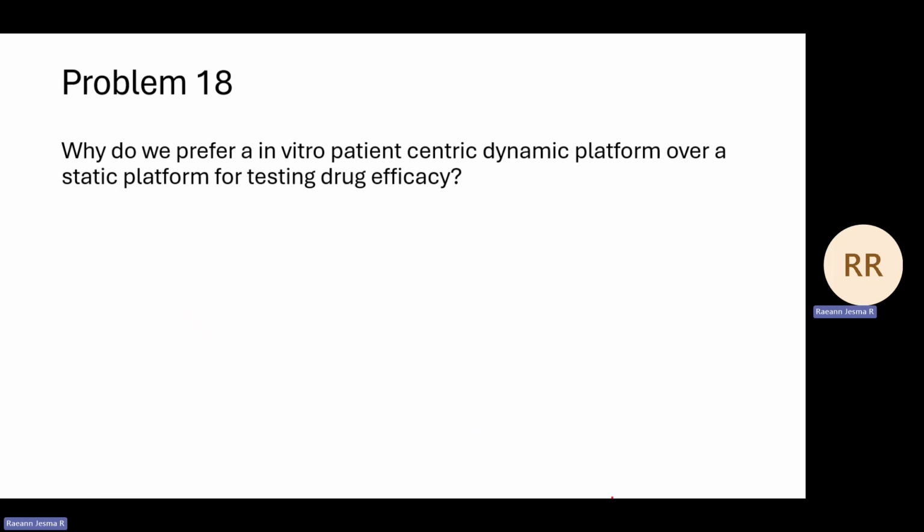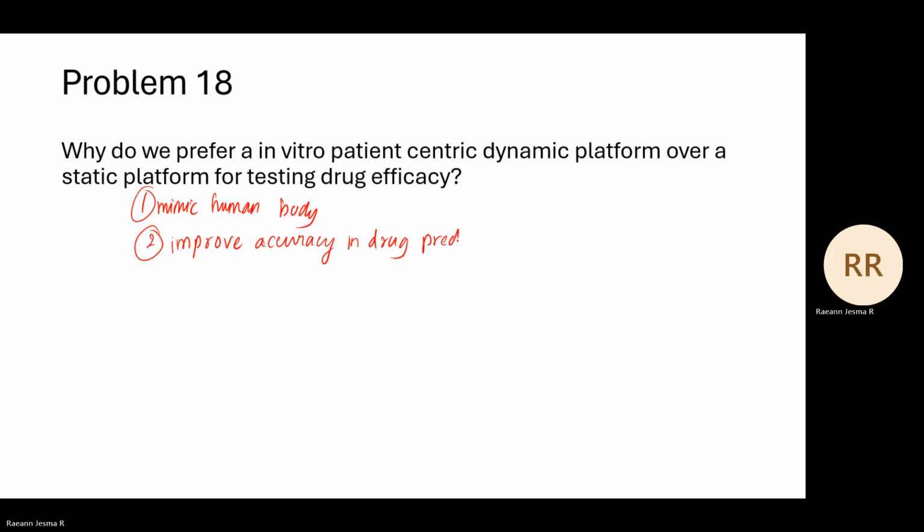For this question, the main reasons are: first, it can mimic human body conditions. Then it improves accuracy in drug prediction. It customizes medicine for patients, because for everyone the reaction and the conditions will be different.